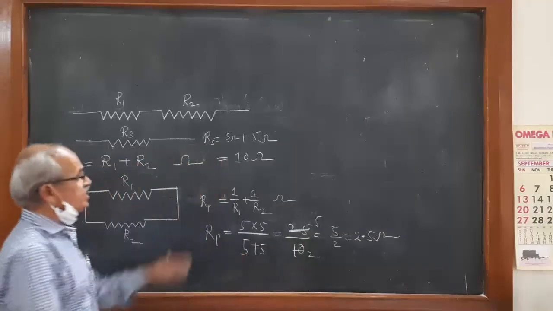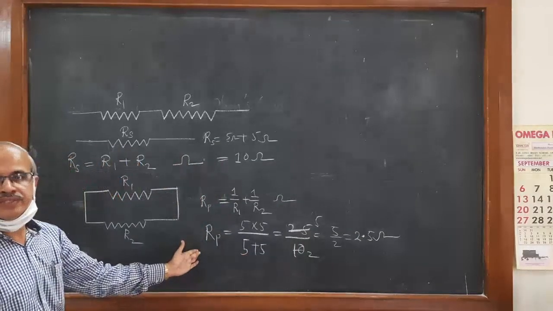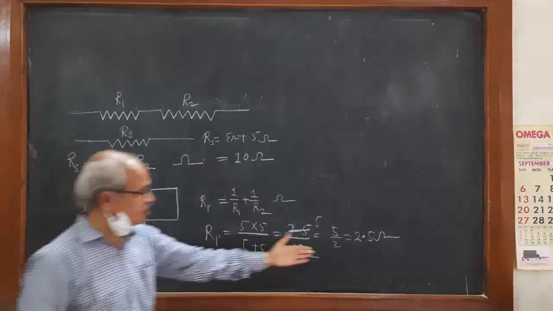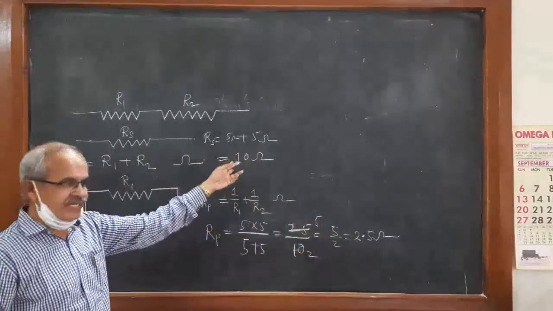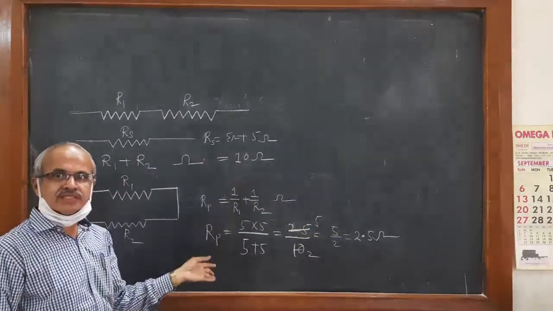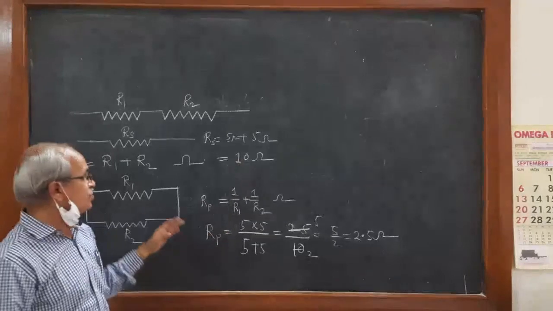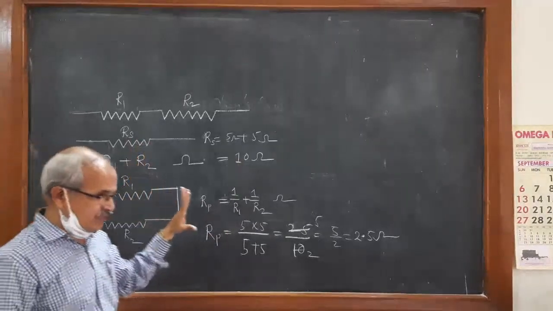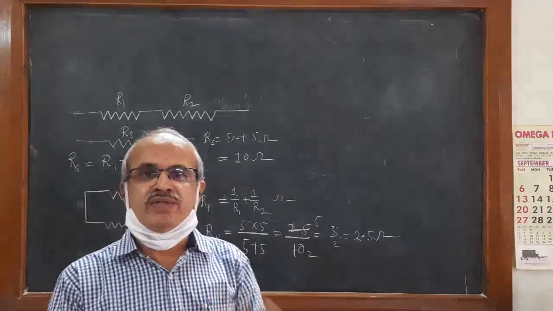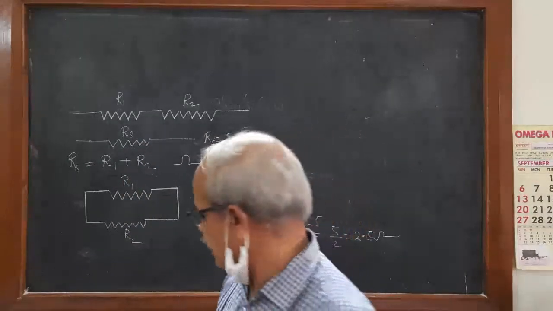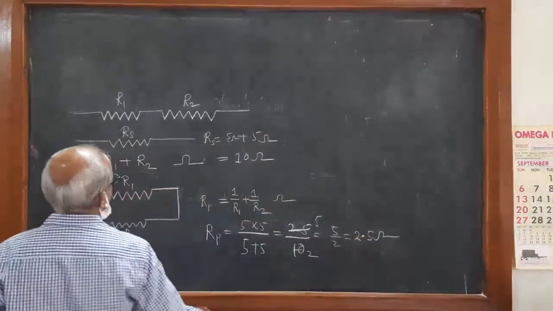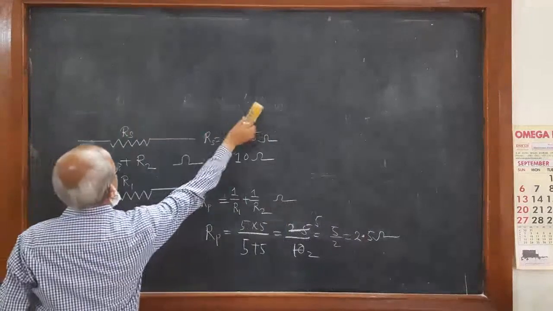Just look, the Rp value decreases: Rp is 2.5, Rs is 10. Understood? According to the requirement in the circuit, you have to connect accordingly. This is about combination of resistances.